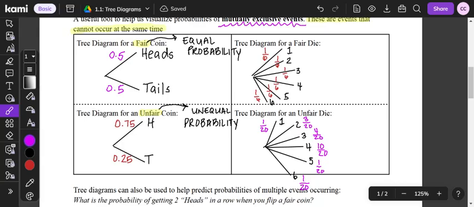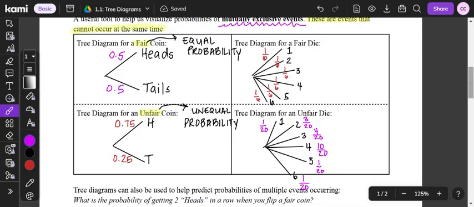So what that tells us is tree diagrams are useful because they help us visualize probabilities. They also help us double check and make sure we're doing our math right. All of the probabilities in a tree diagram should add up to 1. If not, that means you probably missed an event or a branch. Something is not quite right. So that's just a real quick, good way to double check that you're doing some of these probability problems correctly.